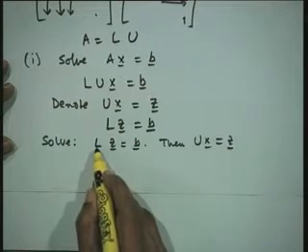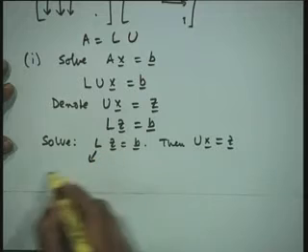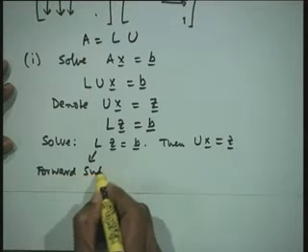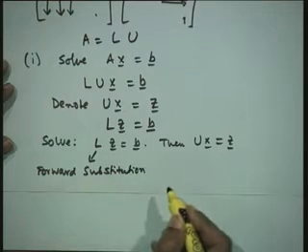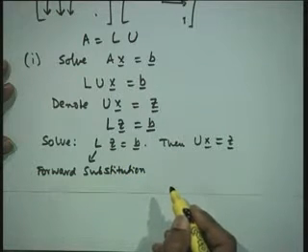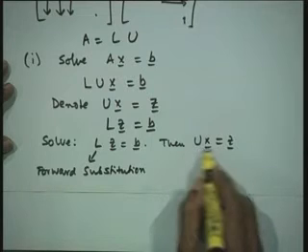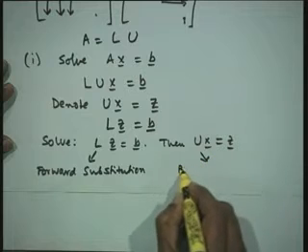Now, we know L is lower triangular, therefore, this is forward substitution. So, we are solving this first set of equations using forward substitution, whereas U is the upper triangular matrix, and therefore, this is solved by back substitution.